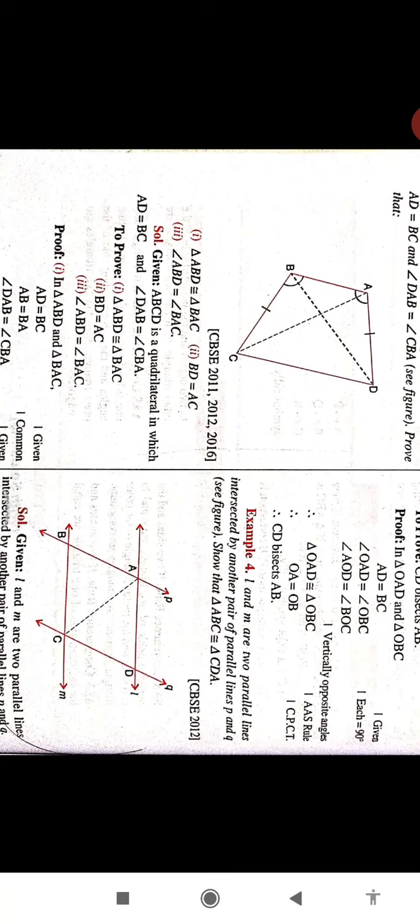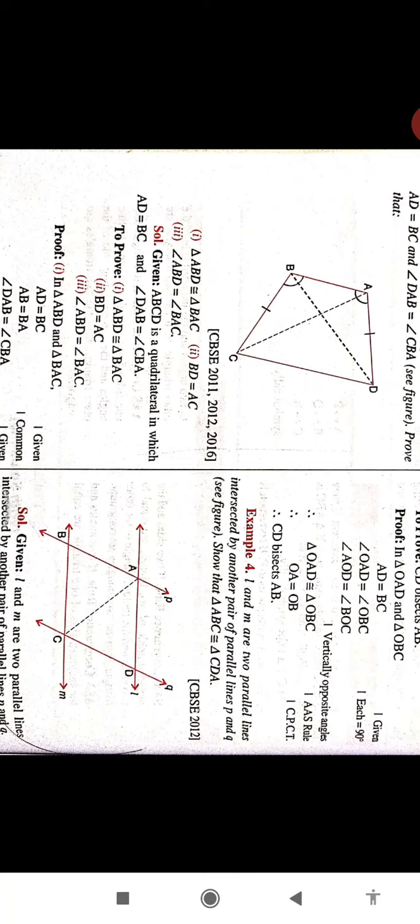We can see in the figure two lines L and M are parallel, and another pair, P and Q, are also parallel, though slanting. And we draw AC in between.